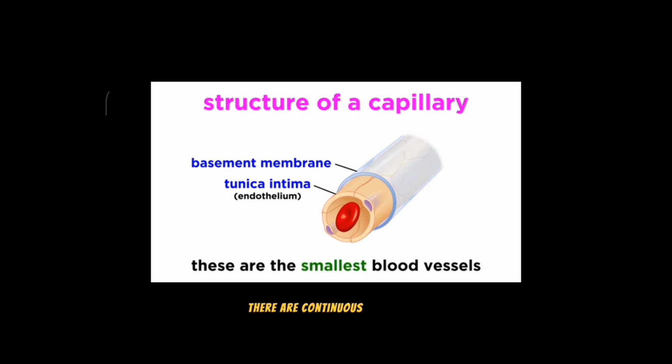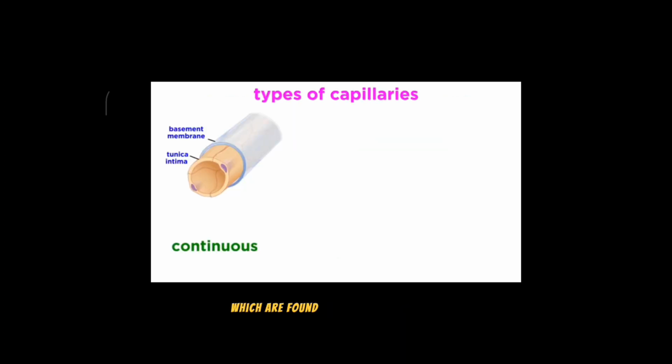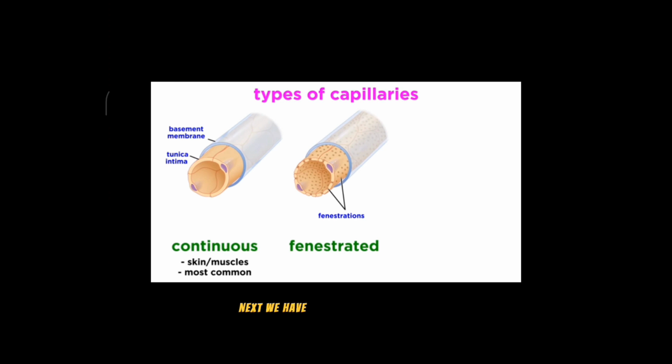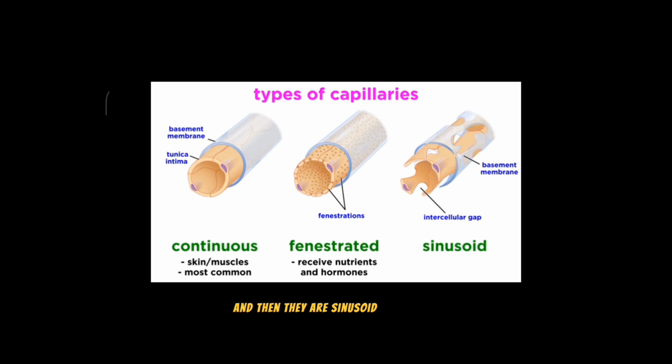There are continuous capillaries, which are found in the skin and muscle, and these are the most common. Next, we have fenestrated capillaries, which are covered with pores to receive nutrients from digested food and to allow hormones to enter. And then there are sinusoid capillaries. These are found only in the liver, bone marrow, spleen, and adrenal medulla.